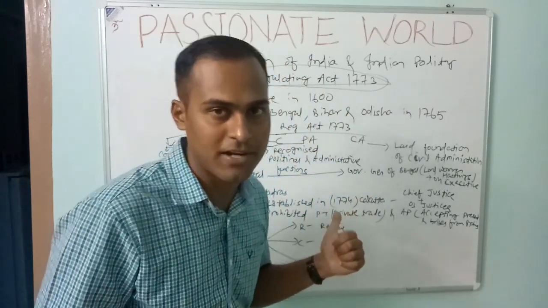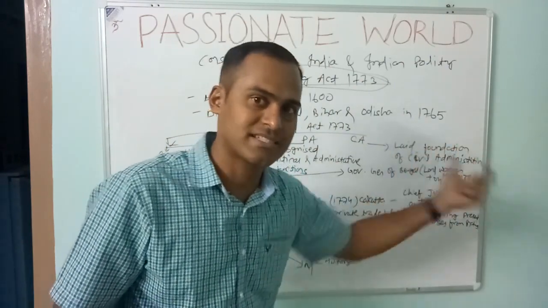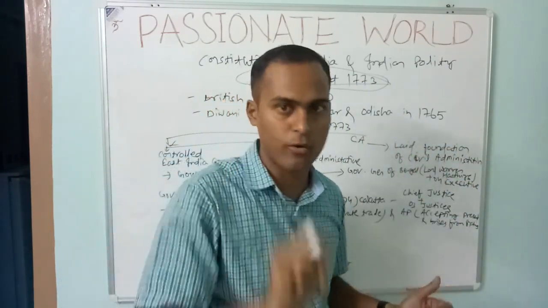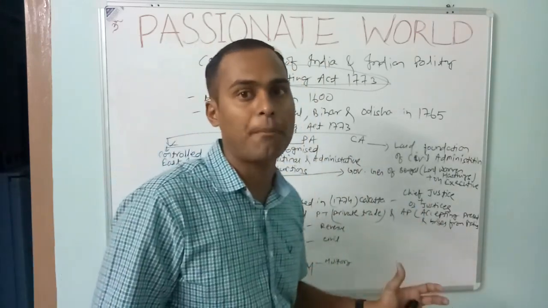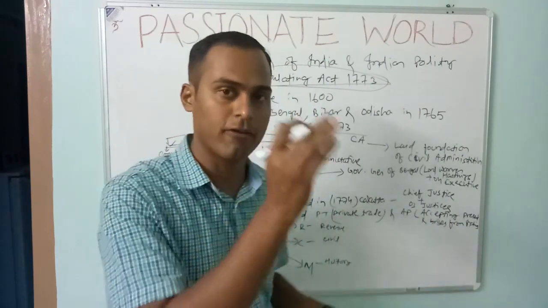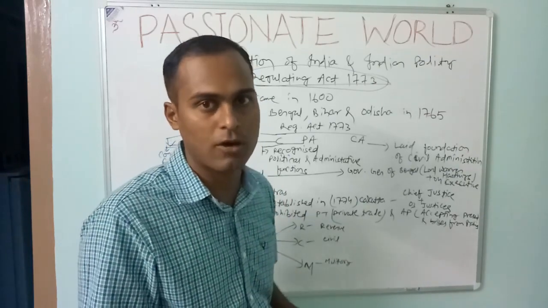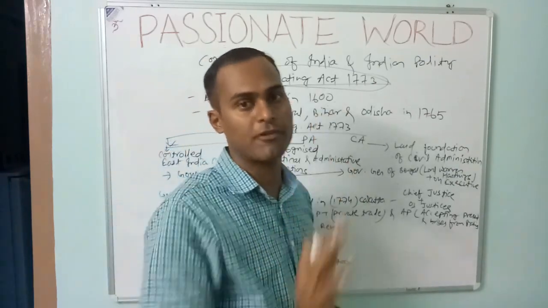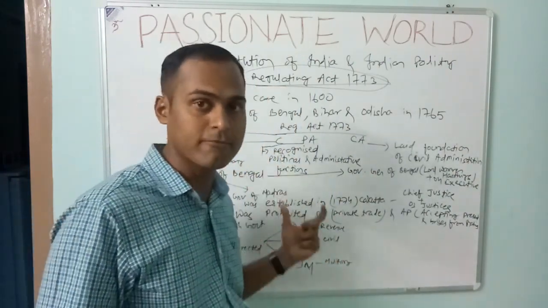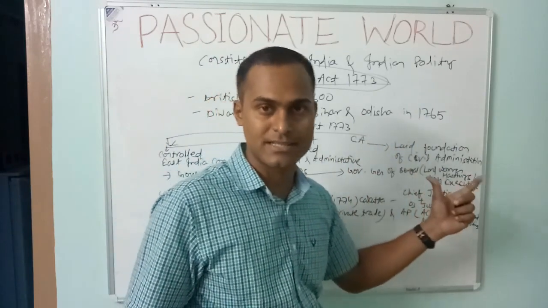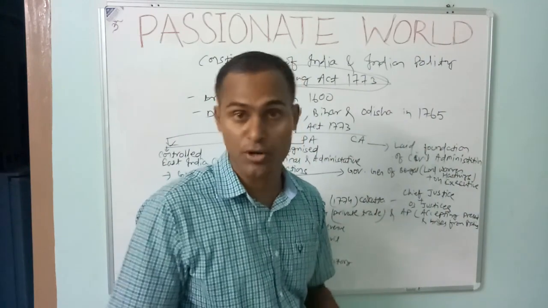Because of 1773, Governor of Bengal became Governor General of Bengal, and Warren Hastings became the first Governor General with 4 executives. After that, Governor General of Bengal became superior to Governor of Bombay as well as Madras, and those 2 became subordinate to Governor General of Bengal. Then Supreme Court was established in Calcutta with 1 Chief Justice plus 3 subordinate judges.